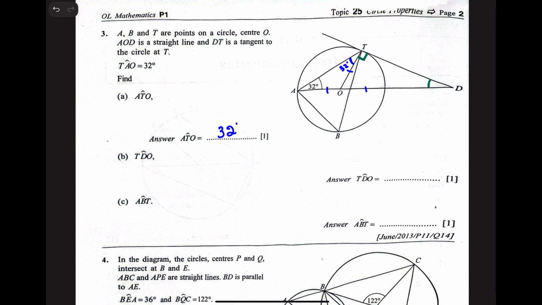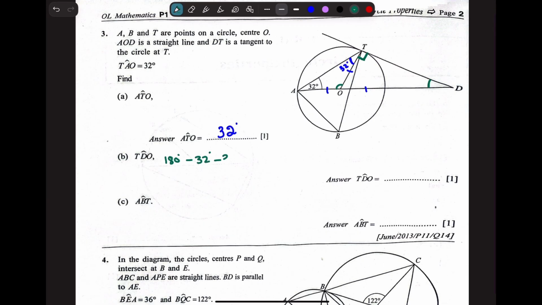We know if we look at triangle AOT, we know this is 32 and this is 32. So we need to find the value of this angle. So this is going to be 180 minus 32 minus 32, which is 180 minus 64, which gives you 116.